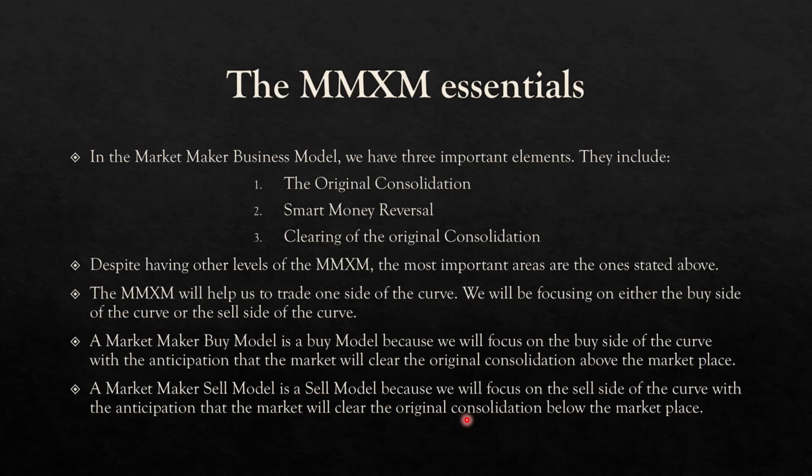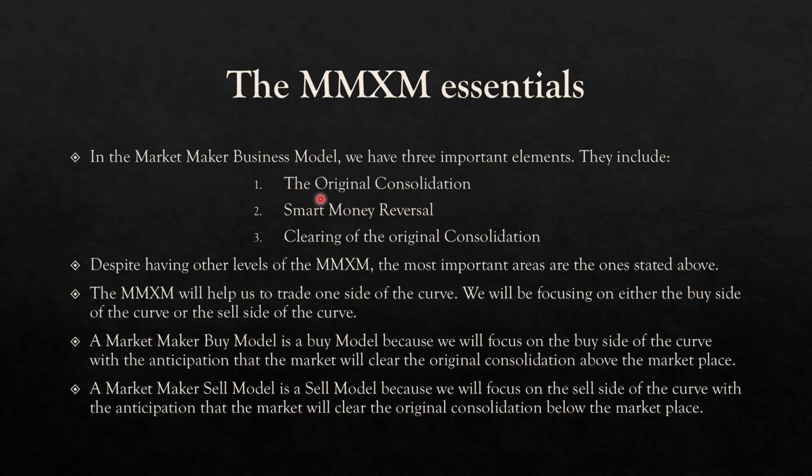Now, when it comes to the original consolidation, it's the point of liquidity, and the market typically tends to be moving to where orders reside, and the orders reside in the form of liquidity. And where does liquidity reside? Of course, the whole marketplace is booked, but you can work with specific areas like swing points above an old high or old low, above a short-term high or below a short-term low, previous day's high and the previous day's low, among other areas.